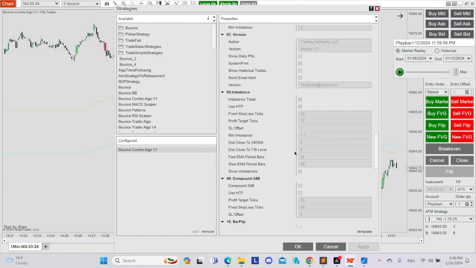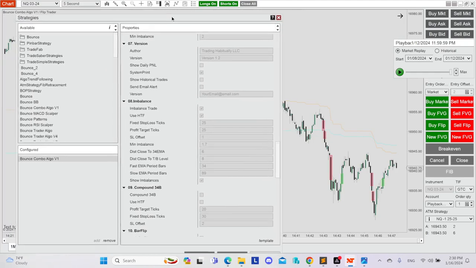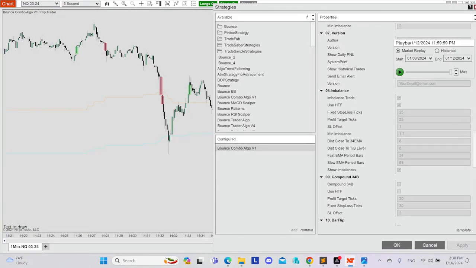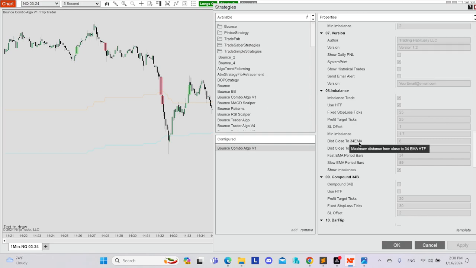Now, distance close to 34 EMA. Let's see if I can tell you. See how this imbalance has a top level and a bottom level. So this bottom level is this distance close to 34 EMA.